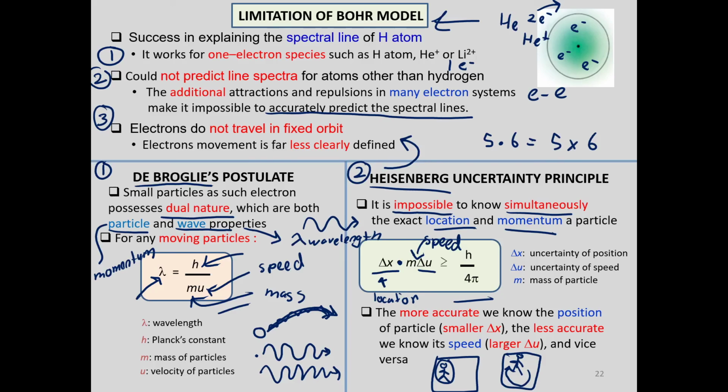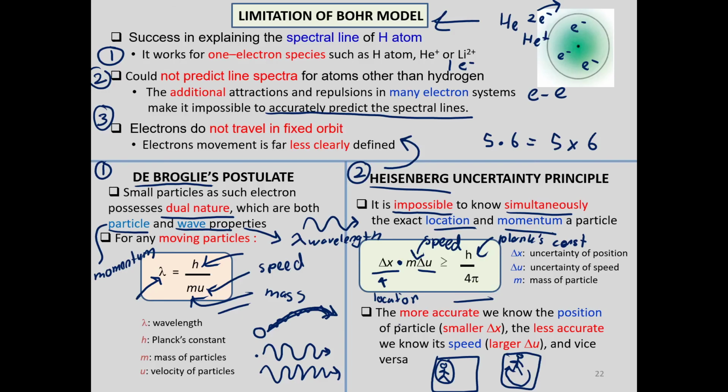Okay, that is basically what it says: the uncertainty of position multiplied by the mass and uncertainty of speed of a particle should never be less than Planck constant over 4 pi. Okay, so it's like a balance.